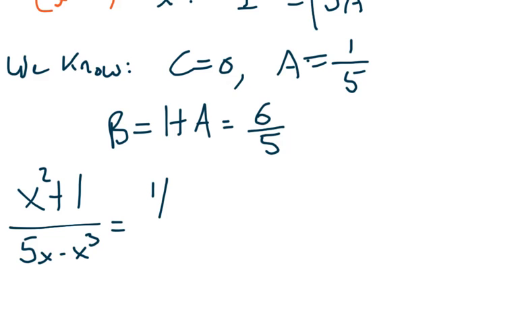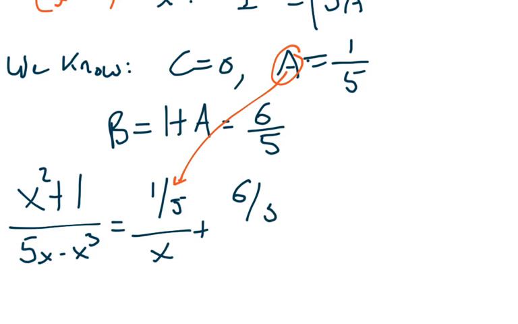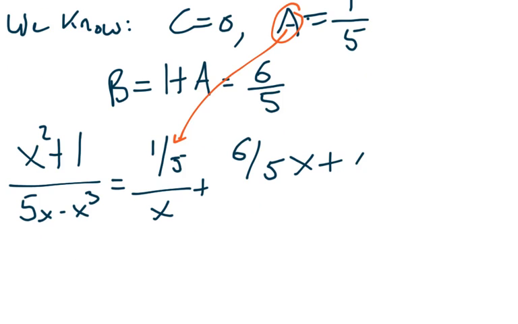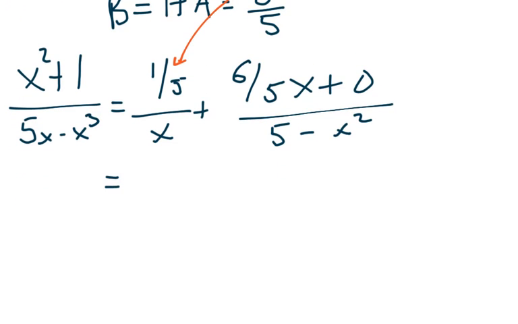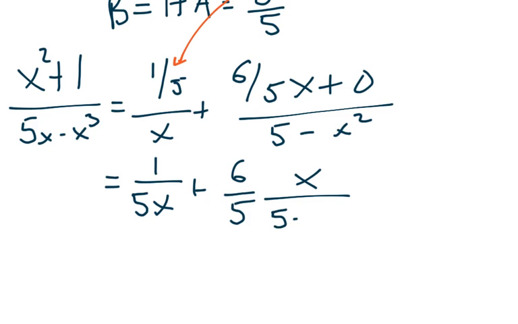So we have 1 over 5 over x, this is A, plus Bx, 6 over 5 times x, plus 0 over 5 minus x squared. Or I can rewrite this as 1 over 5x plus 6 over 5 times x over 5 minus x squared.